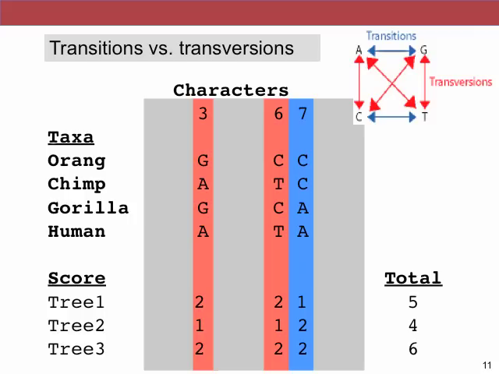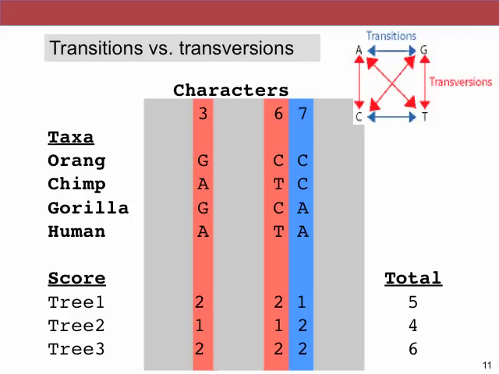Character 3. There are 2 character states, G and A. The changes that we inferred occurring along the tree were either A to G or G to A changes. Those are changes between purines, and therefore those are transitional changes. C to T, for character 6, the changes that we inferred on the trees for character 6 are also transition changes.